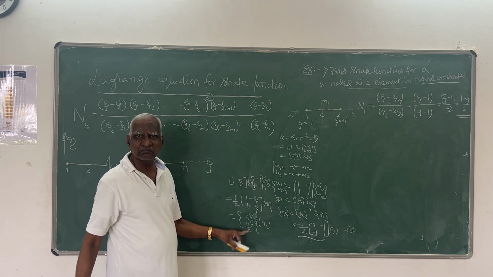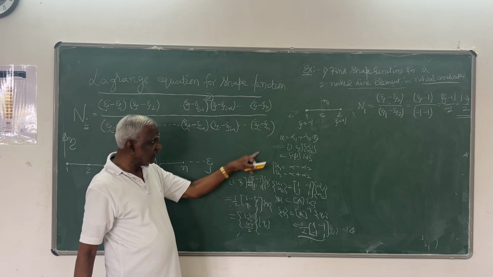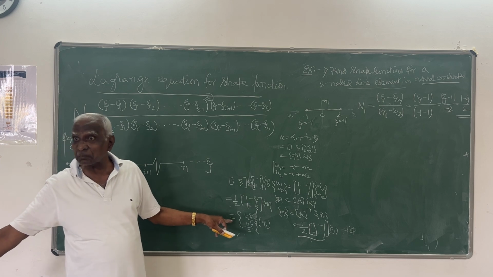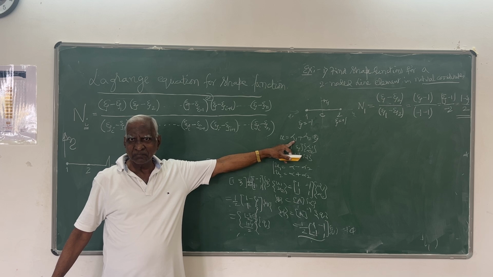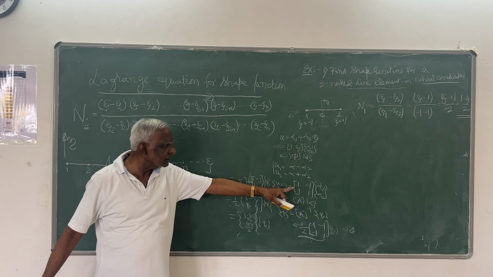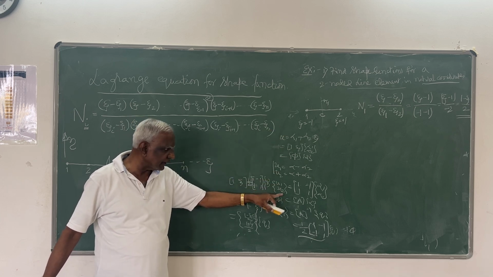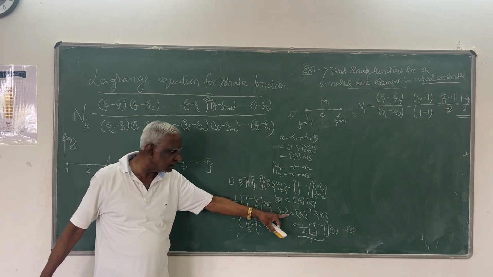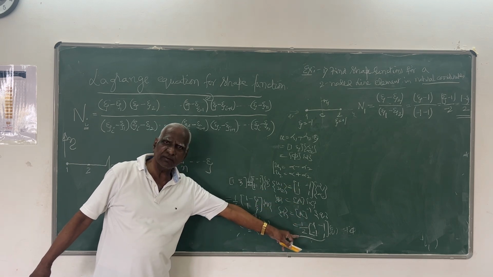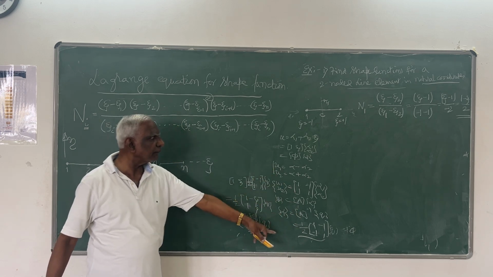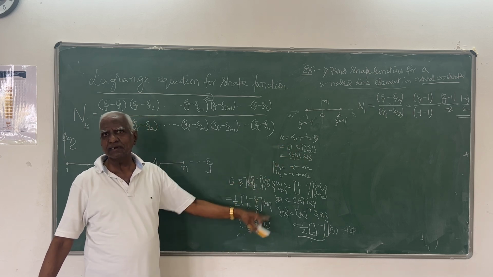N1 into the two shape functions. N1 is 1 minus psi by 2. So by your general procedure, write the polynomial form in terms of the variable, then substitute in the nodal coordinates, get it, and write it in the form Q equals A alpha, then find the inverse, then multiply, substituting that alpha here, getting the shape function.